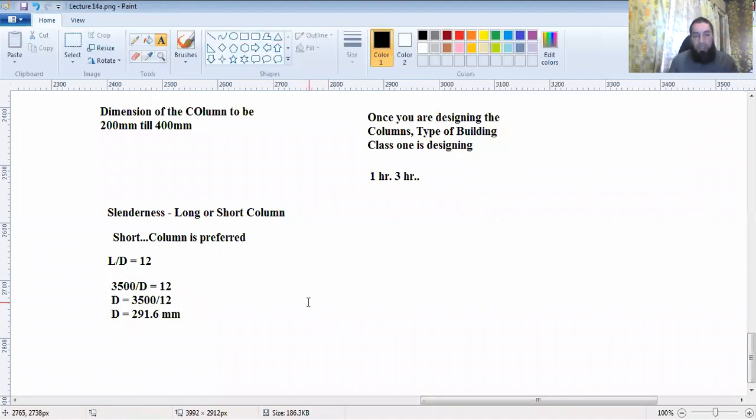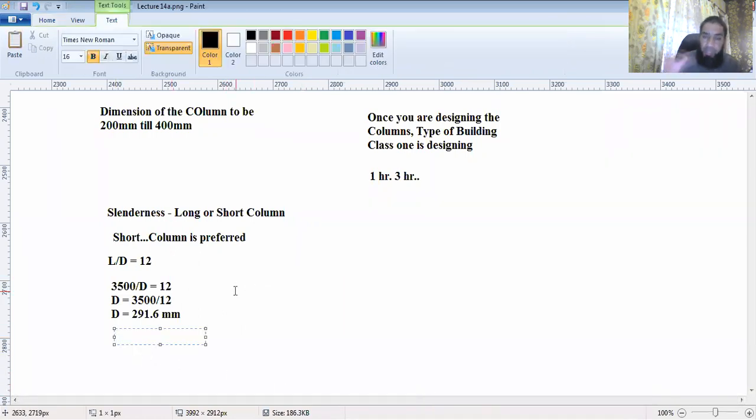So if we want it to be somewhere in between a long and a short column, I am taking it at 12, and in that case, the minimum depth that's coming out, or the width, whatever you want to call it, you have a column which has a cross section, एक depth है दूसरी width है, तो that would be 291.6. तो दूसरा side column का has to be at least 291.6.